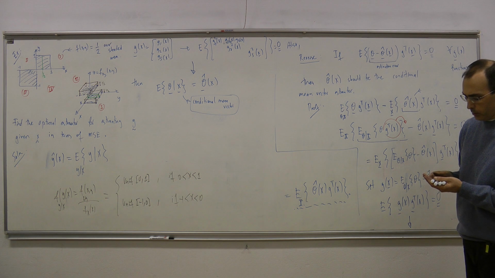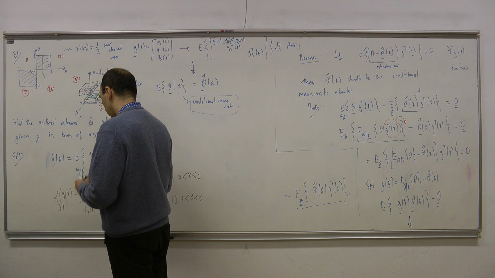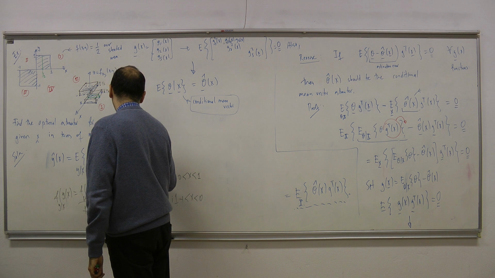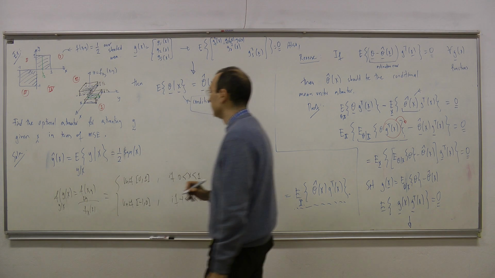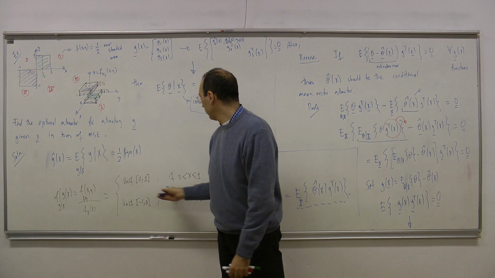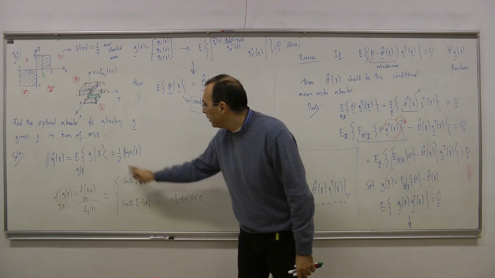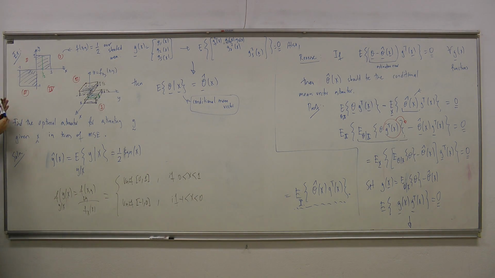So what is the conditional mean? Would you agree that I can just write 1/2 times sine of x, because the mean of this one, when x is positive, is 1/2, and when x is negative, the mean is -1/2. So let me draw this again with this color.